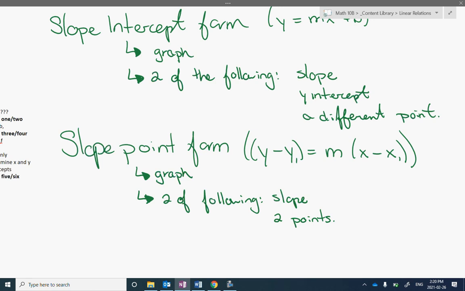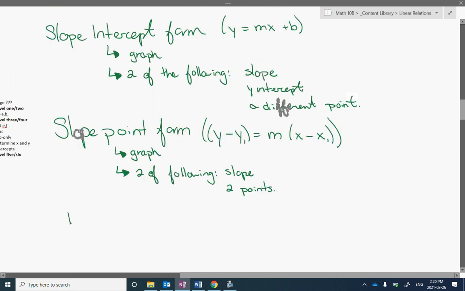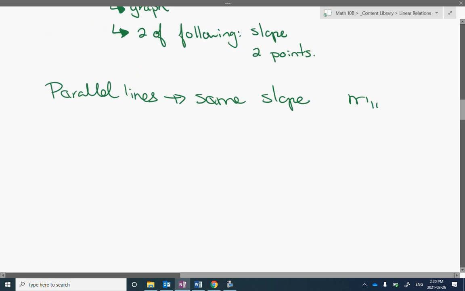Our very last thing, which I hope we're remembering, parallel lines. What do we know about them? Good. Same slope. Your shorthand is an M with two straight lines beside it, or like LL kind of thing. Perpendicular lines.